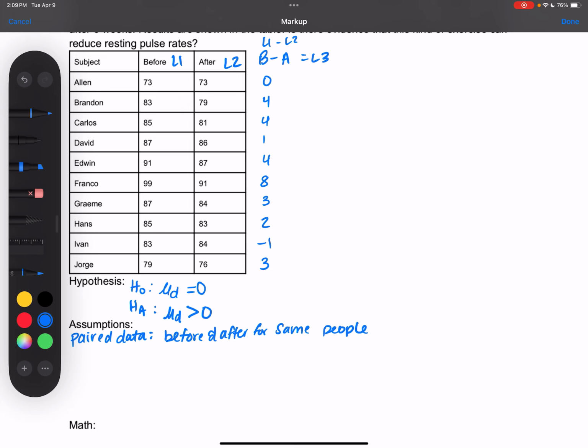Yes, because each person's heart rate is independent of themselves, someone's heart rate doesn't affect someone else's. Random. So representative. We're hoping it's a representative sample.